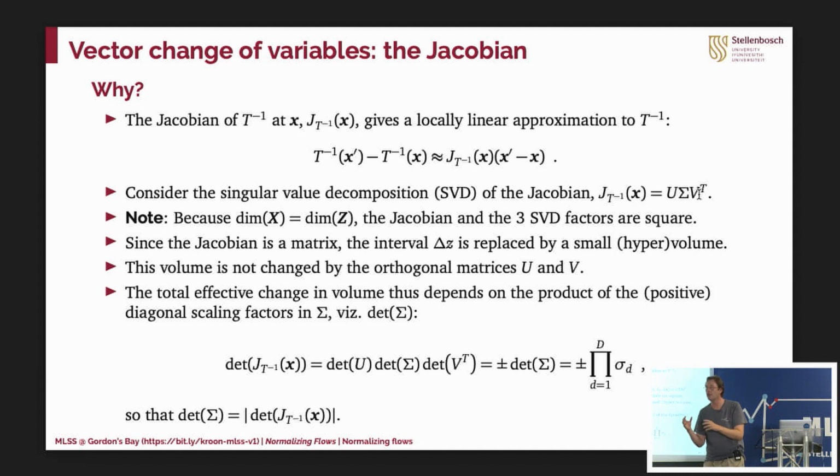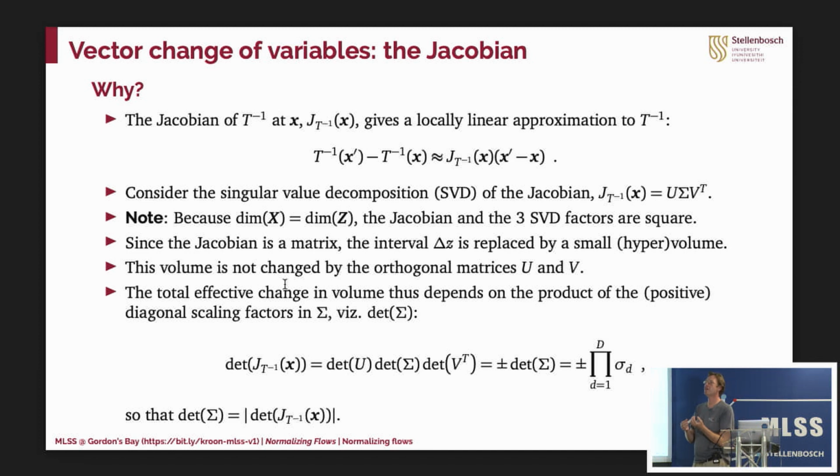So U and V are not going to play any role in terms of telling me how much I'm stretching the space. But what does tell me about how much I stretch the space is the sigma in the middle, which has what's called the singular values of the Jacobian in them. And each of those corresponds to a scaling factor that I'm applying in a different direction.